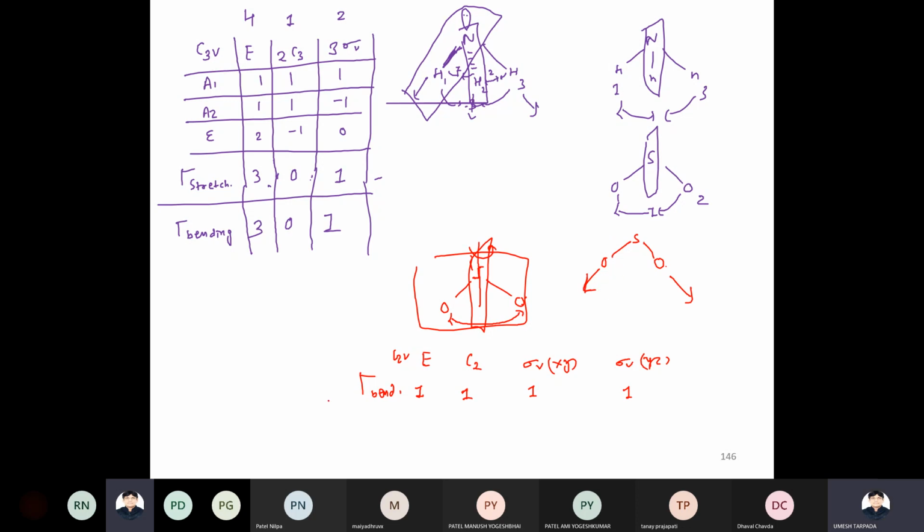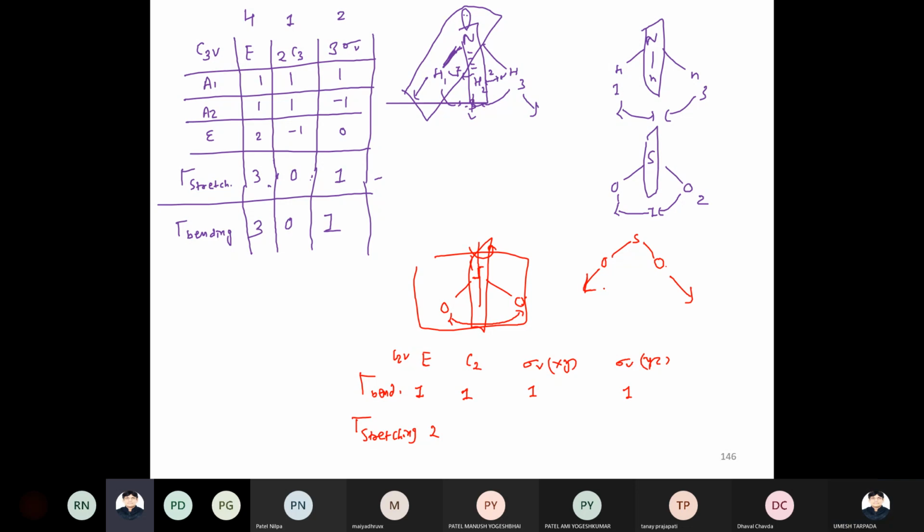If you apply the E operation, what happens? Both the SO bonds remain as it is, because nothing is done in the molecule. If you apply the E operation, then what happens? Nothing is done in the molecule.